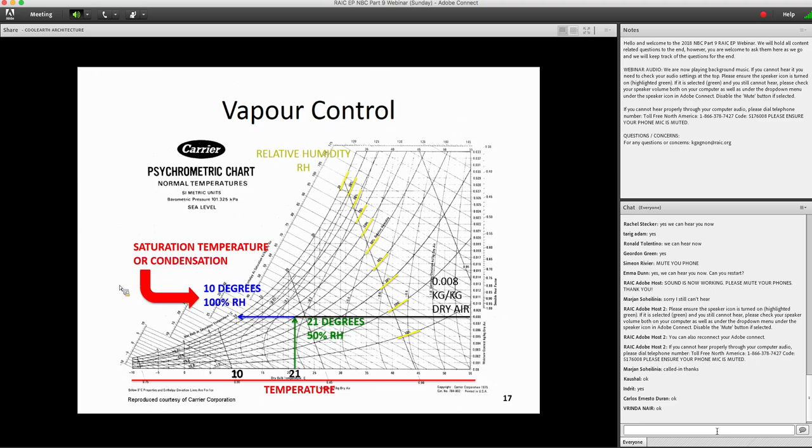And this is where the graph shows you when it gets to 100%, this is the temperature where we get saturation of water, or condensation. So imagine we go to minus 5 degrees and we get more condensation. There is more and more water that the air cannot hold anymore.